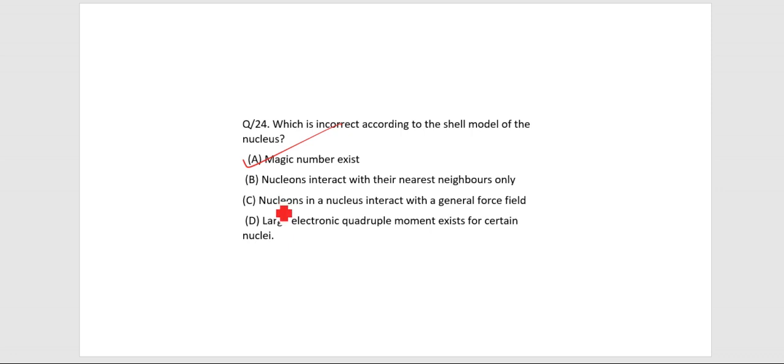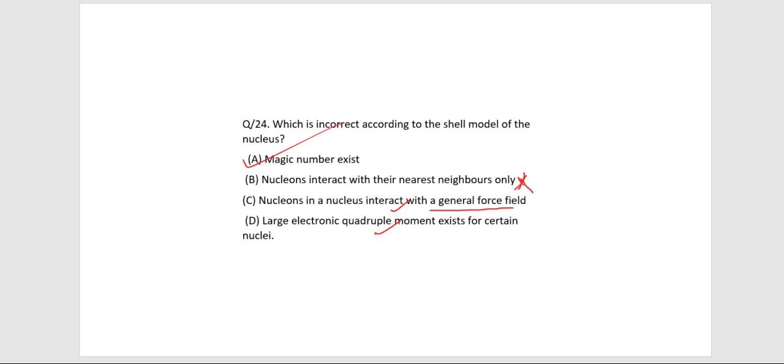This one is wrong, because in the shell model a nucleon interacts with a general force with other nuclei. Not only the nearest; it reacts with all the nuclei. So option number B is incorrect. The next two: there is one general force, and quadrupole moment also exists in certain nuclei. This is also correct. So option number B is the answer.